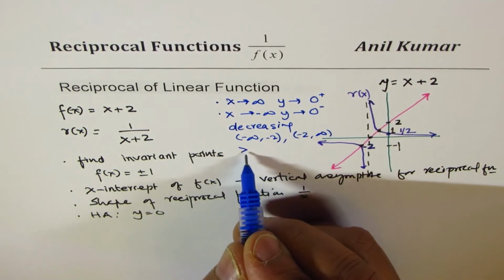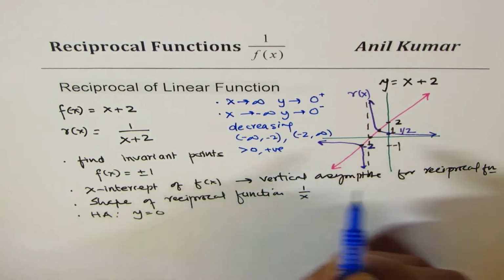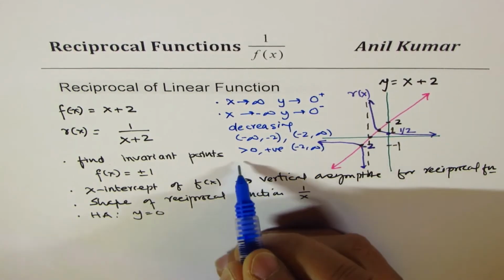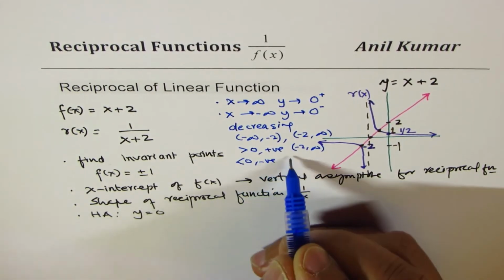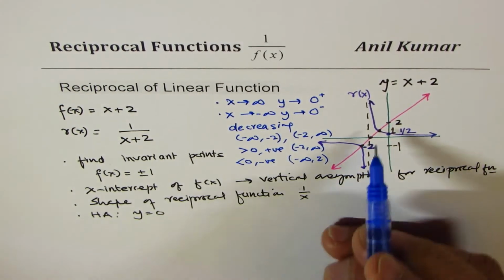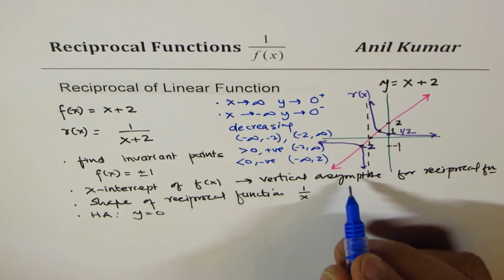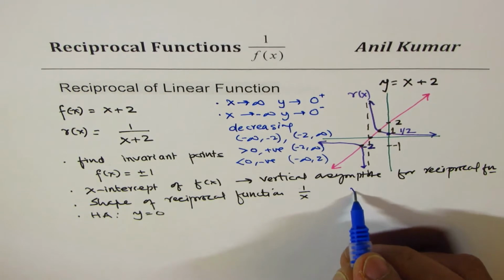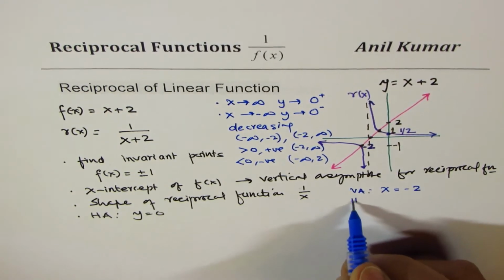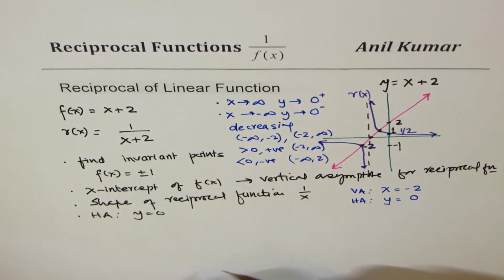And the function is greater than 0, that is to say it is positive, in the interval from minus 2 to infinity, and is less than 0, or negative, in the interval minus infinity to minus 2. Perfect. So these are other characteristics which you can see from here. And of course, we have already said that we have a vertical asymptote at x equals minus 2. The horizontal asymptote is y equals 0, correct?